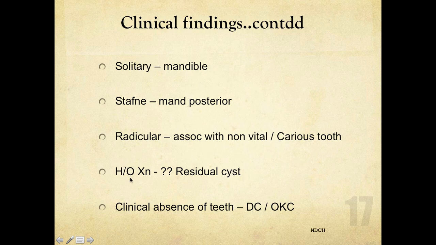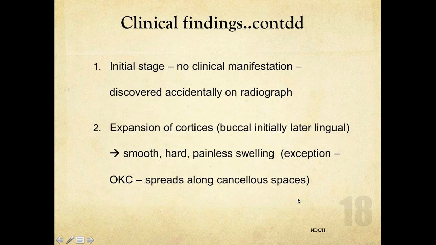History of extraction plays a very vital role in diagnosing a residual cyst. And the clinical absence of teeth, either from the normal series or sometimes even a supernumerary tooth, is usually indicative of a dentigerous cyst or an odontogenic keratocyst.